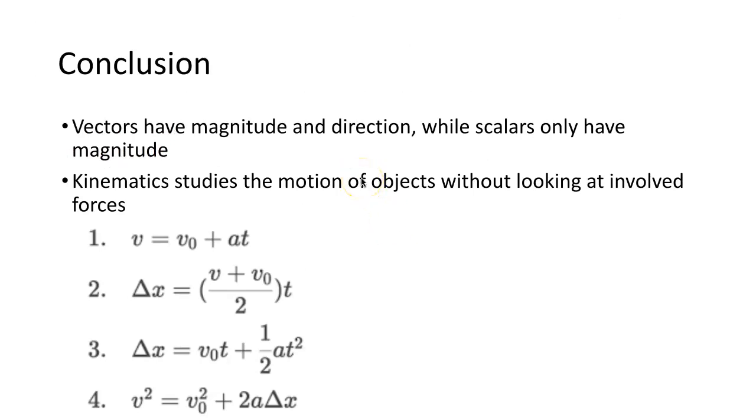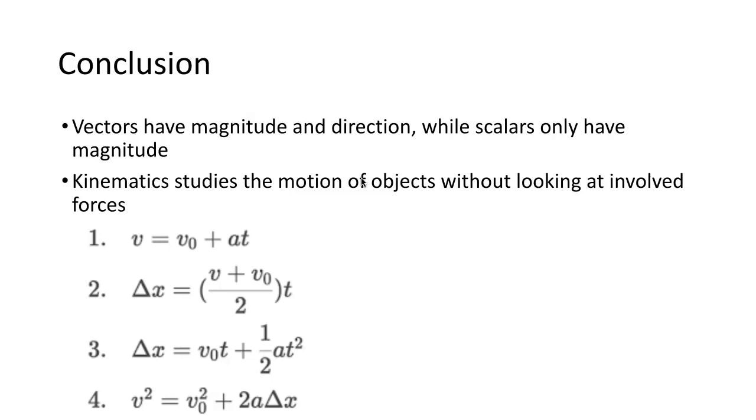Now that we are able to solve that, we can go over what we learned about kinematics and the different values associated with it. We learned about two different types of variables: vectors, which have magnitude and direction, and scalars, which only have magnitude. Kinematics, in general, studies the motion of objects without looking at involved forces.